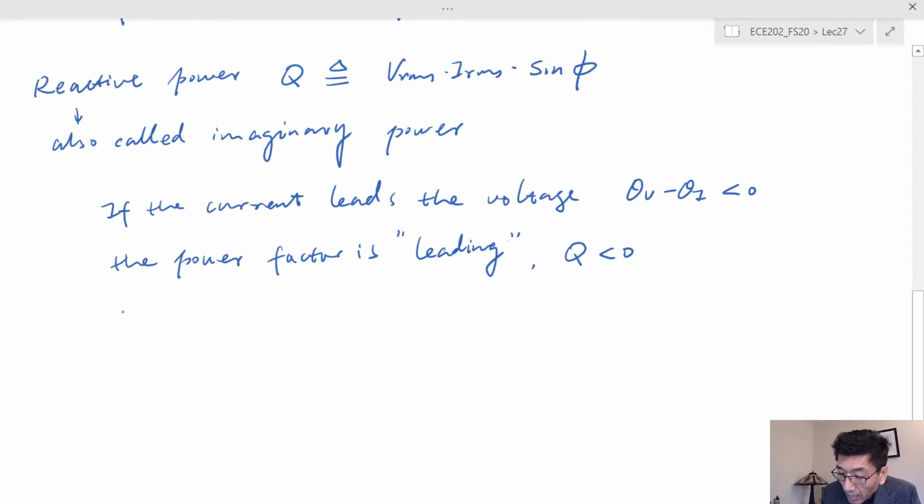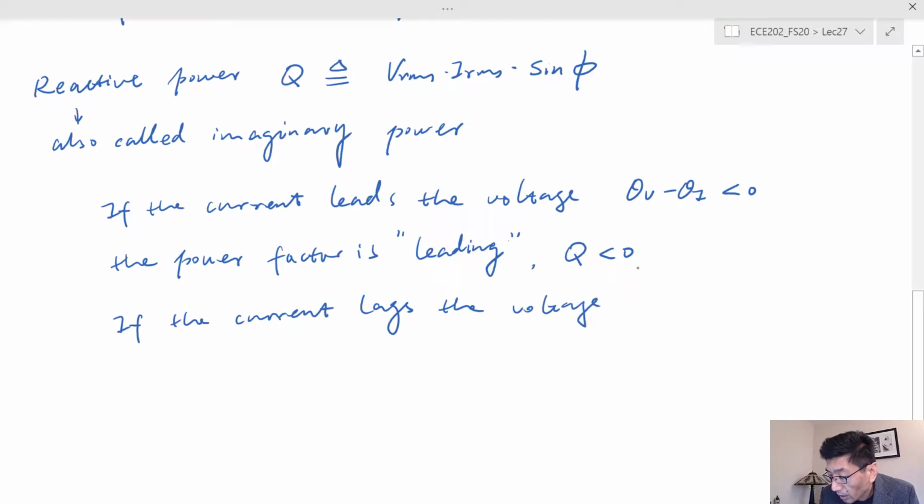If the current lags the voltage, that means theta V minus theta I, or the power factor angle, this is phi, right? Phi is equal to theta V minus theta I. That's positive, and the power factor is lagging.